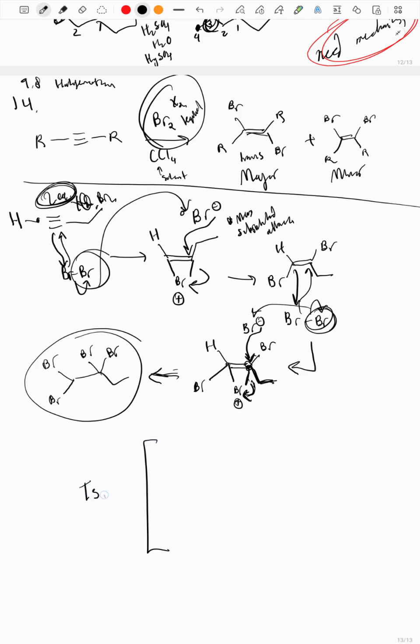Transition state, what will it look like? This is when we're doing our first equivalent. This will be positive here, right?